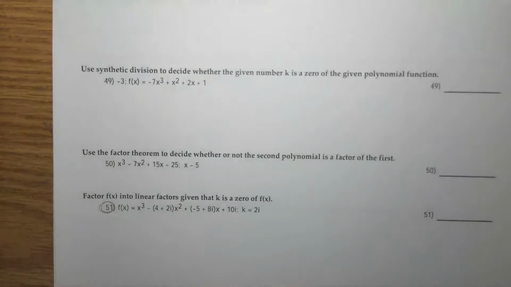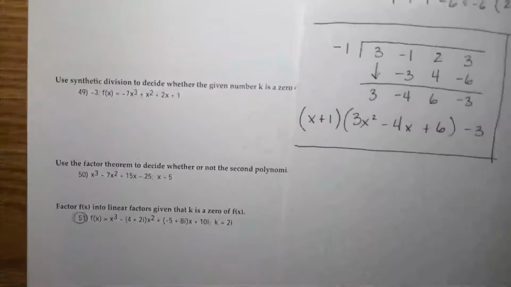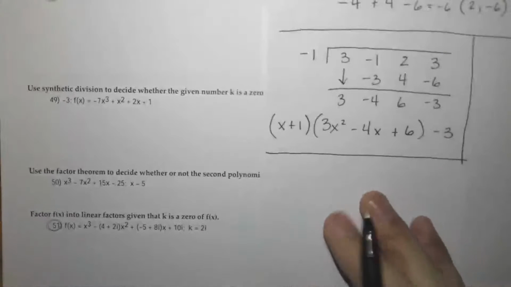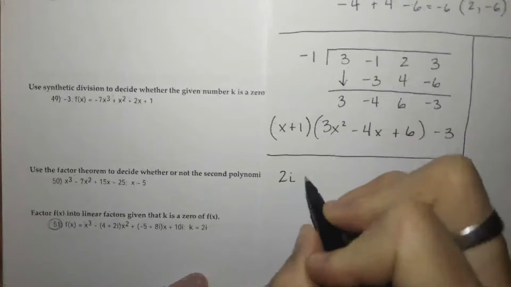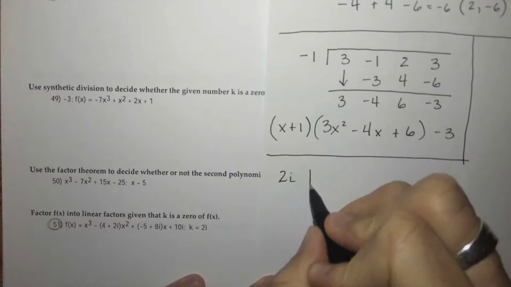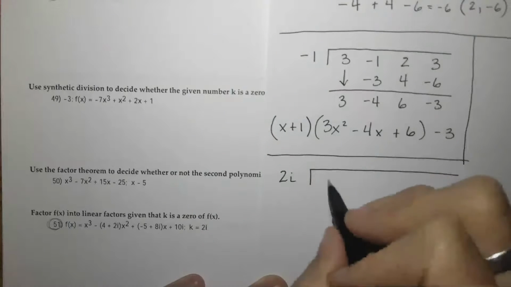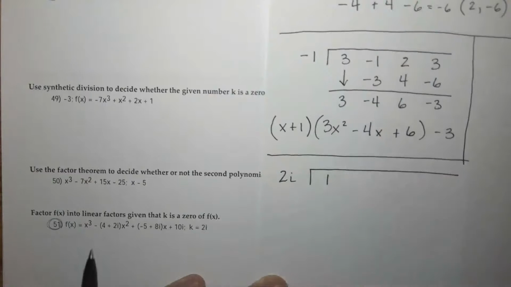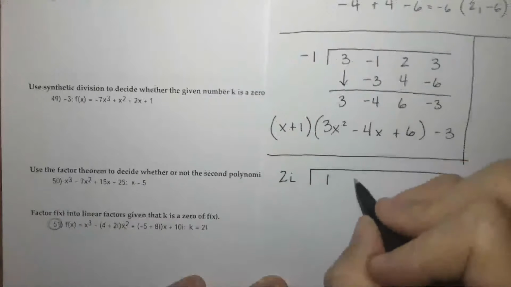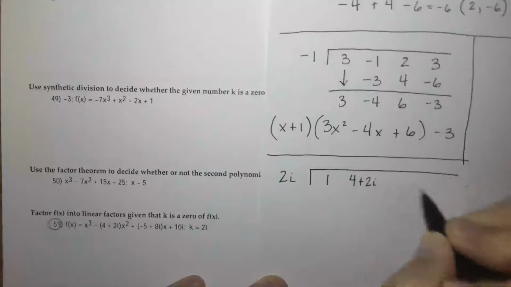Okay. All right, so another one we're going to do is this 51. This says now k is 2i. And then we have some kind of crazy stuff going on here. This one is the x cubed is a 1. The x squared is 4 plus 2i.